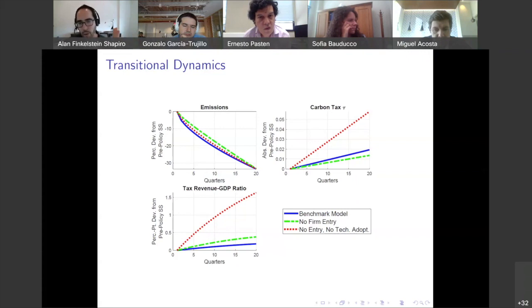So when you have endogenous firm entry, and you want to make these prices and quantities comparable to the data, you need this adjustment to extract the variety effect, and that's why you end up seeing a smaller increase in the tax.